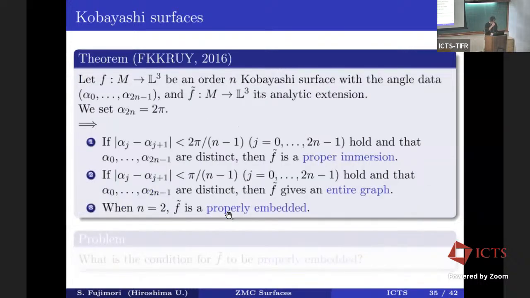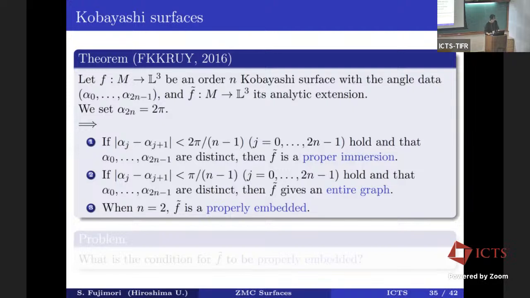So we can prove the following: let F be an order n Kobayashi surface with angle data alpha 0 to alpha 2n minus 1. And consider the analytic extension, which we denote by F tilde.